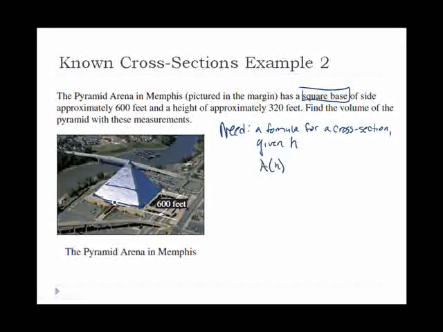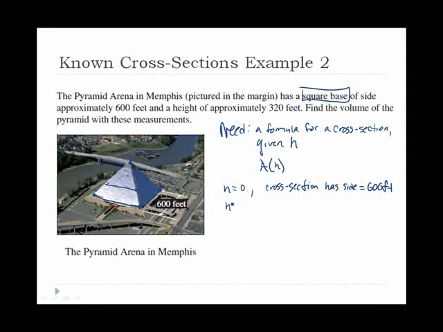Our cross-sections, like we said, are squares. They decrease in area as the height increases. So let's figure out how to come up with a formula for this. Well, when h is equal to 0, we know that the cross-section is a square with a side equal to 600 feet.